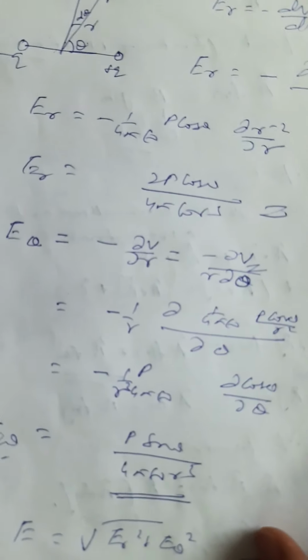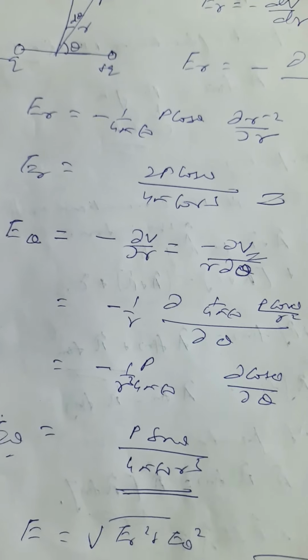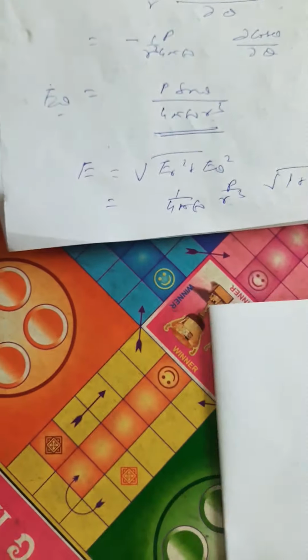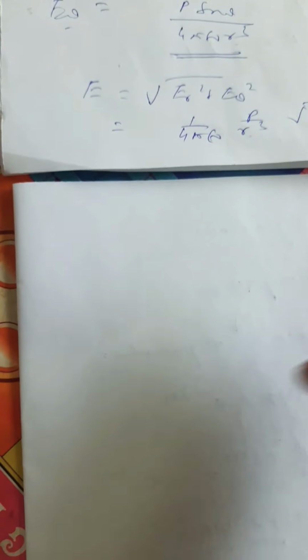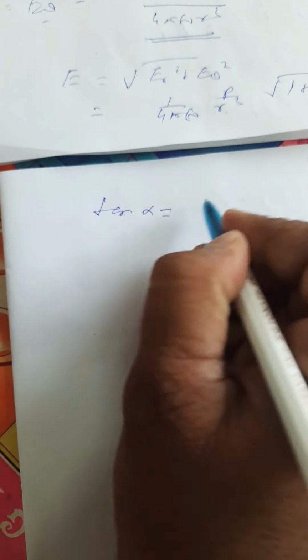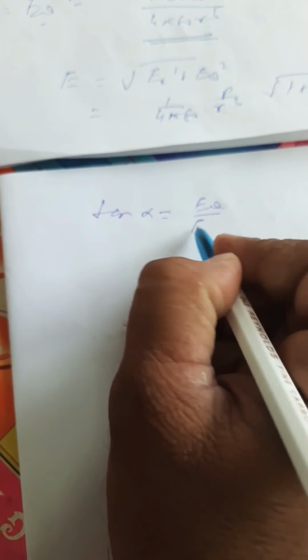Now, if we have to find out the angle, we'll do something like this. We have from this figure again, tan alpha will be equal to E theta by Er.